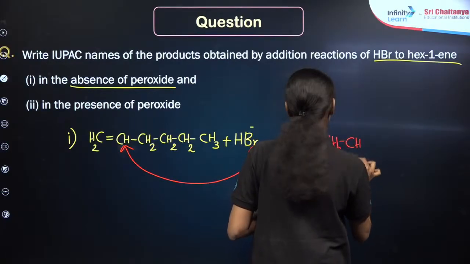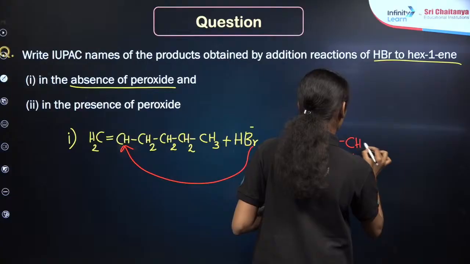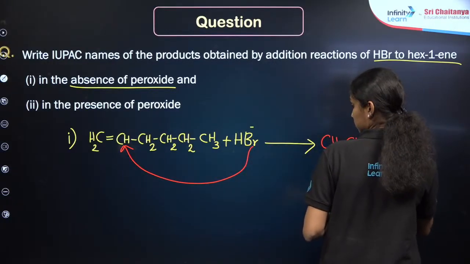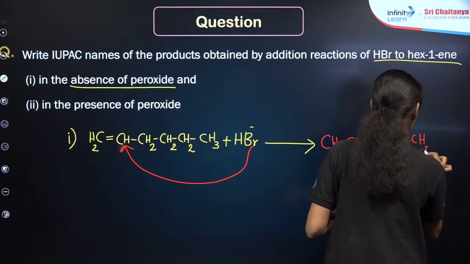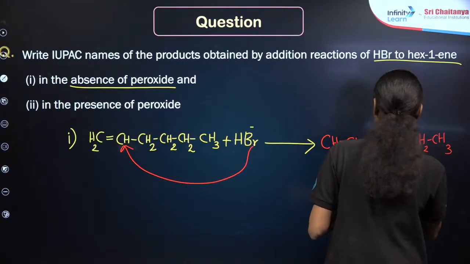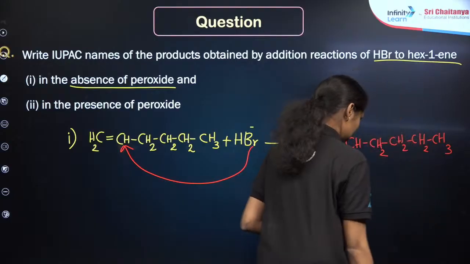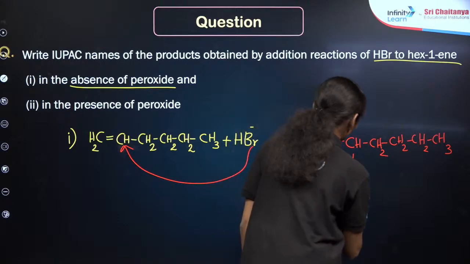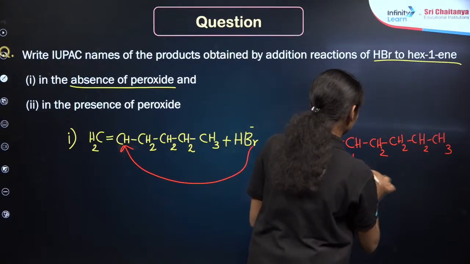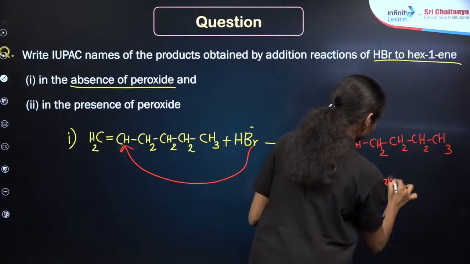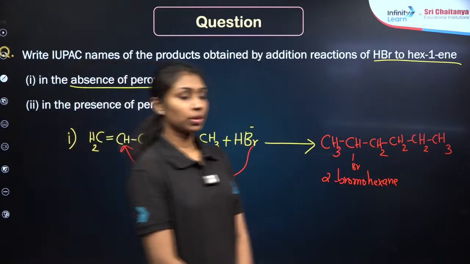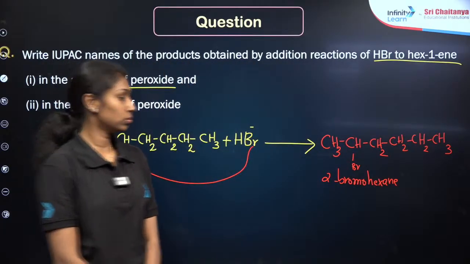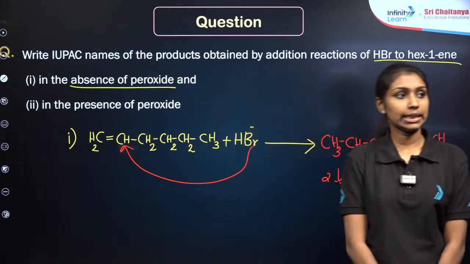CH3, CHBr, 2-bromo, right? 2-bromohexane will be our product in the absence of peroxide.